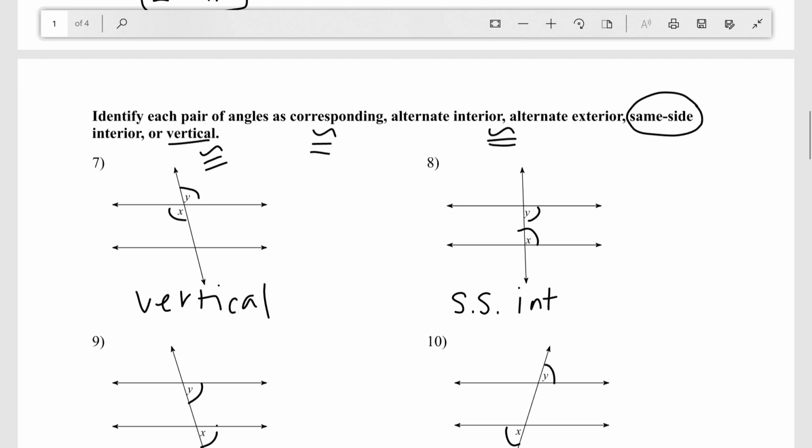If they look like number 8 and they fall on the same side of your transversal and are both inside or both outside of our parallel lines, they're going to be supplementary. Okay, and remember, supplementary just means that if you add the two together, they will equal 180 degrees.